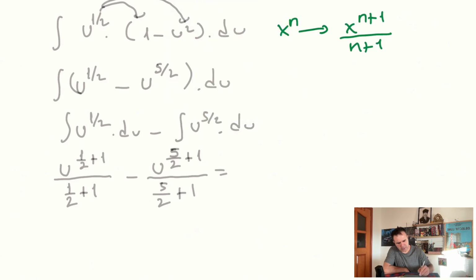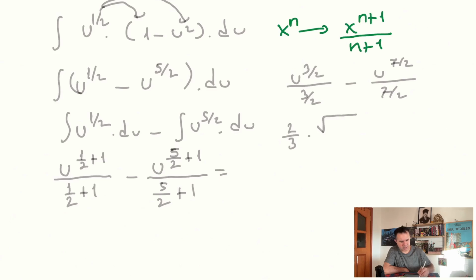Then u to the power of 3 over 2 divided by 3 over 2, minus u to the power of 5 over 2 plus 1, which is 7 over 2, divided by 7 over 2. This will be equal to 2 over 3 square root of u cubed, minus 2 over 7 times the square root of u to the power of 7.